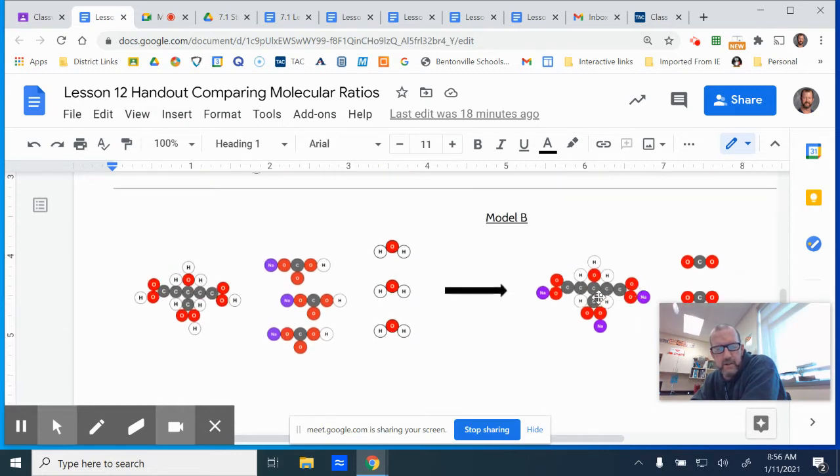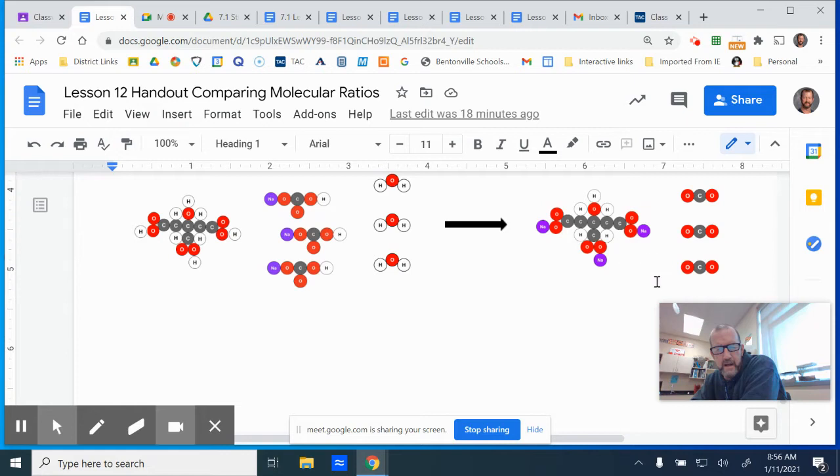I'm missing an oxygen somewhere. And then I count my hydrogens. I got 17, and I only have 5 here. So I am actually missing 12 hydrogens.